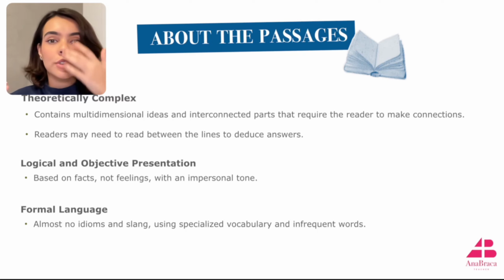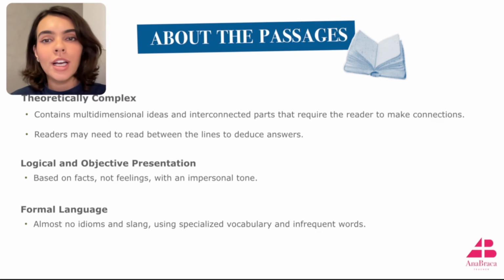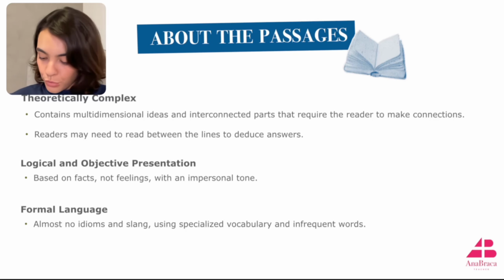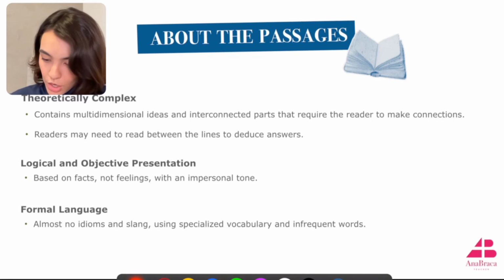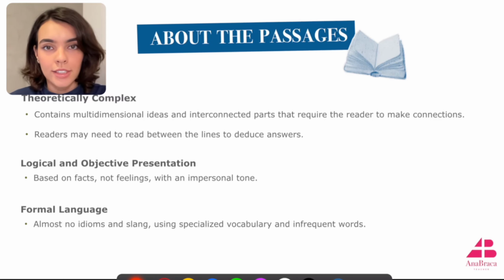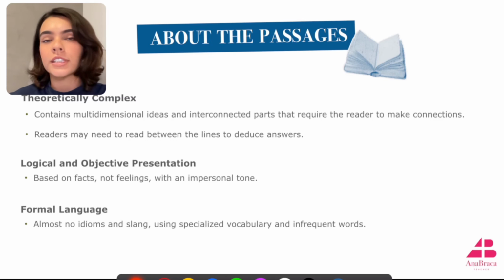Let's talk about what you will encounter in the passages, the characteristics of the TOEFL passages. So they are theoretically complex. As I said, it's academic material. So it's something that a person in the first year of college would read if they are, for example, taking a course in history.